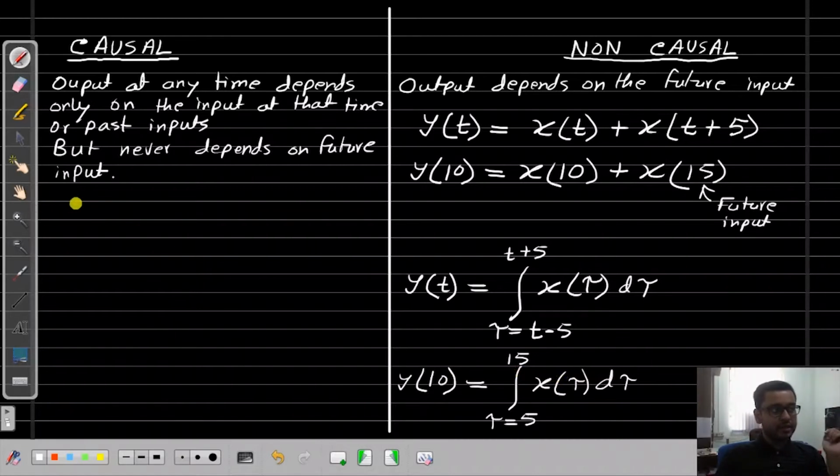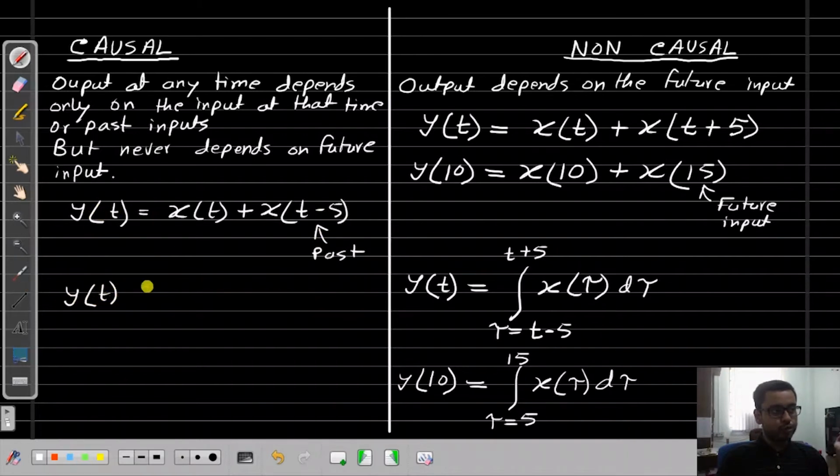On the other hand, an example of a causal system could be like this: y(t) is equal to x of t plus x of t minus 5. This is a past input and that is fine. The output does not depend on the future, no problem.